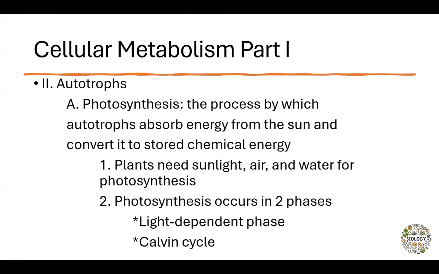So when we think about cellular metabolism, we're going to look closely at what happens in our autotrophs. Autotrophs go through a process that is called photosynthesis, and this is a process by which autotrophs, plants mainly, absorb energy from the sun and convert it into stored chemical energy.